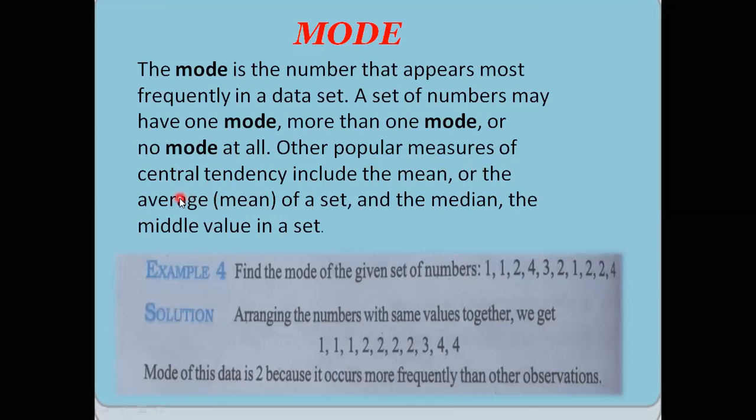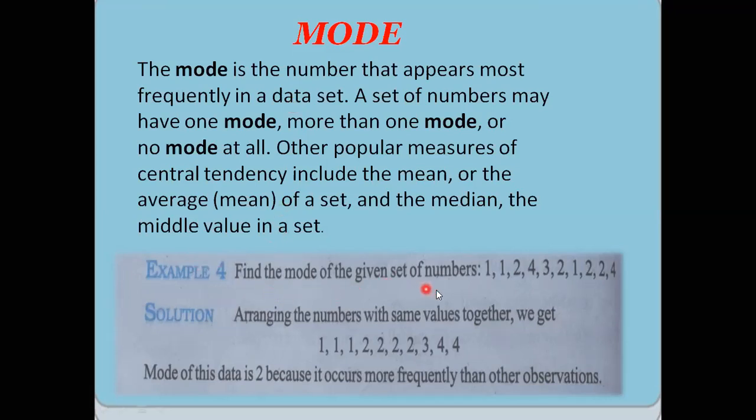Other popular measures of central tendency include the mean, or the average of a set, and the median, the middle value in a set. So the mode is the number that appears most frequently in a data set. Suppose in the given data, some number is repeating many times. That number appearing many times is the mode. Let us see with an example.